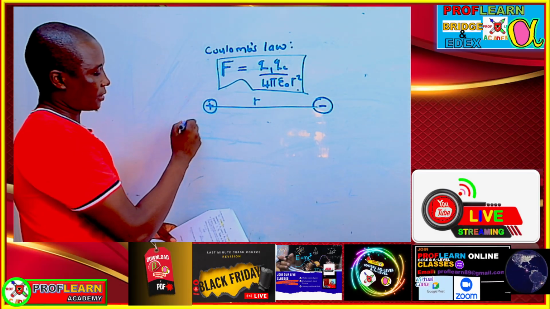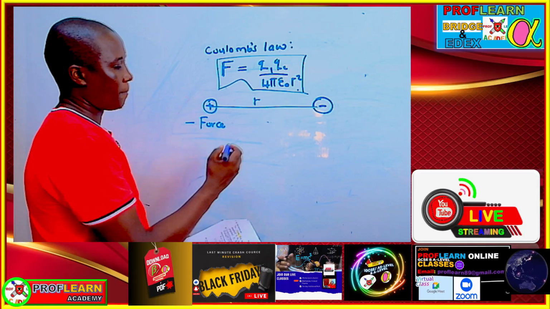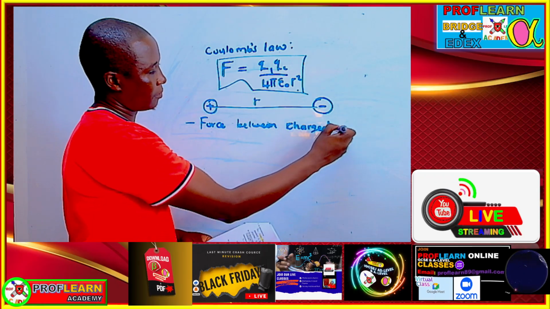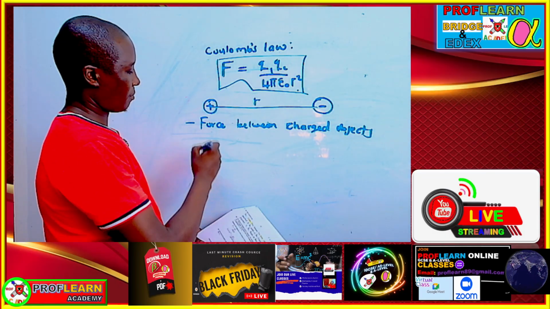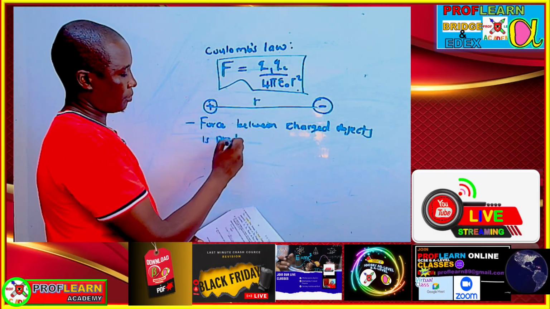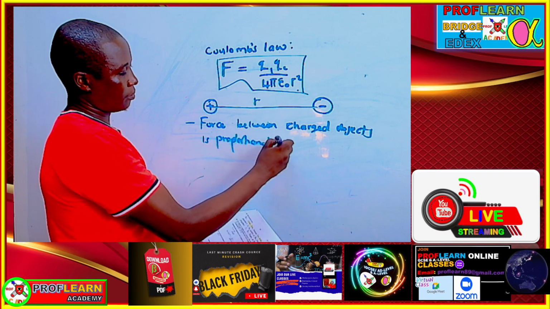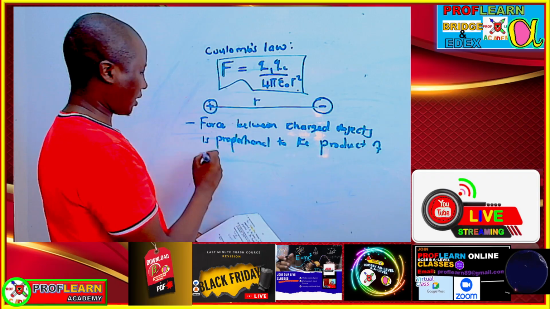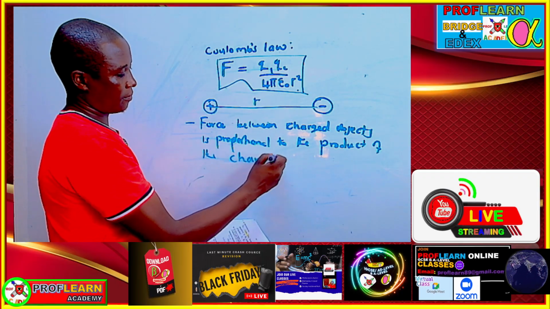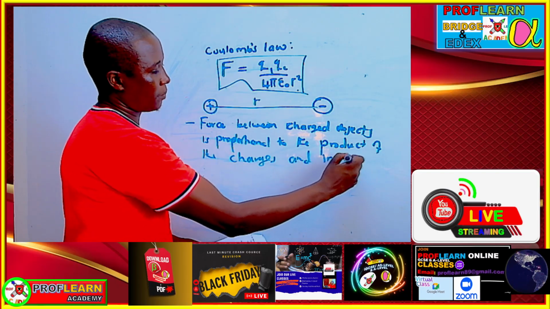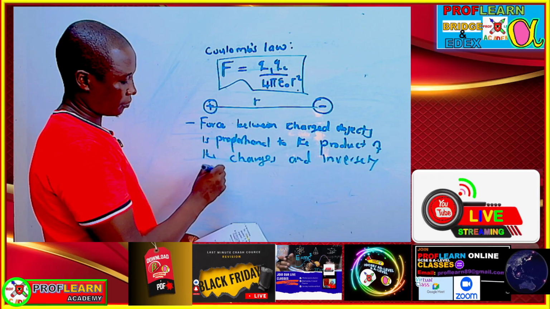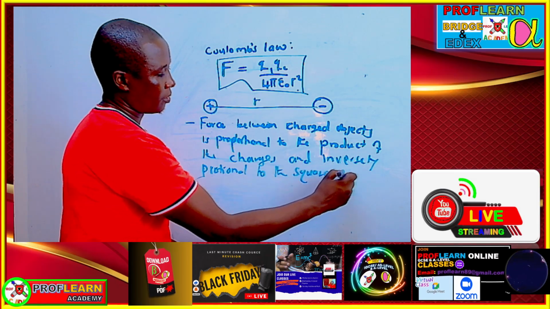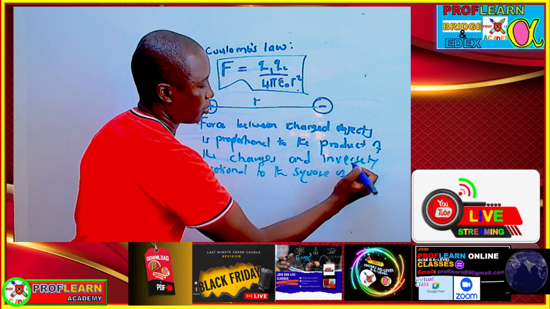We're going to say it states that force between charged objects is proportional to the product of the charges and inversely proportional to the square of distance, to the square of their separation.